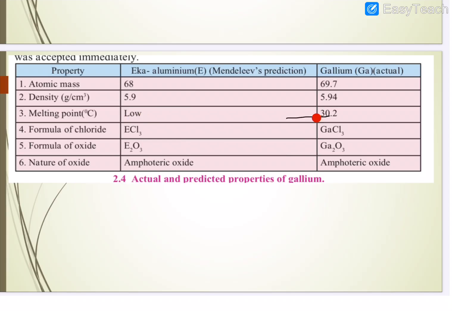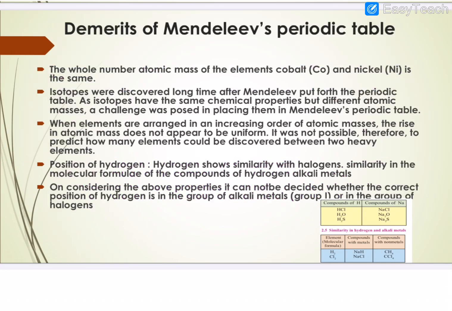And also the low melting point, 30.2 degrees Celsius, and you can see the formula of the chloride, ECl3 for Eka aluminium, so GaCl3 for gallium chloride. Likewise he predicted the properties of the element gallium and other elements.